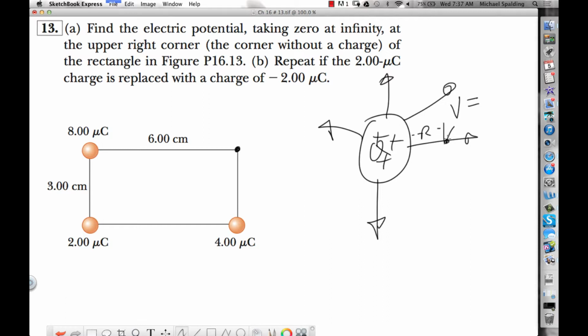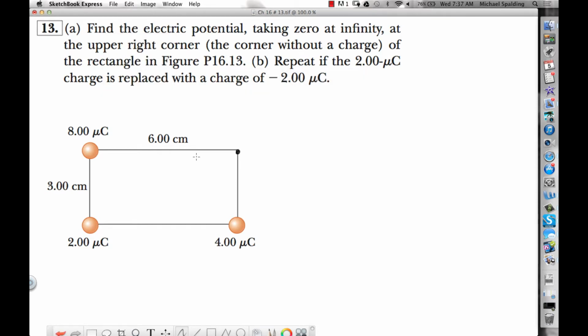K, Q over R. It's almost the same equation as for electric field. Notice that the Q is not absolute value. That's important. If a charge is negative, you've got to plug it in as negative. Okay? So let's do it.